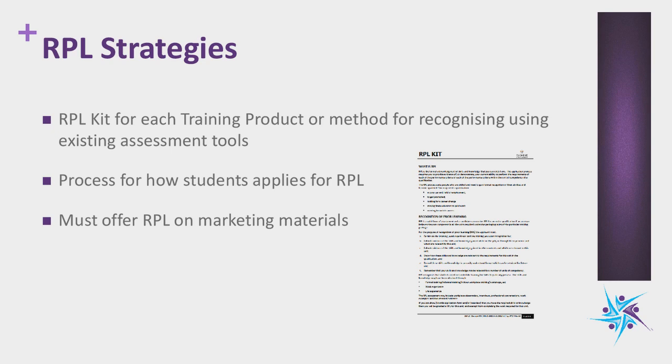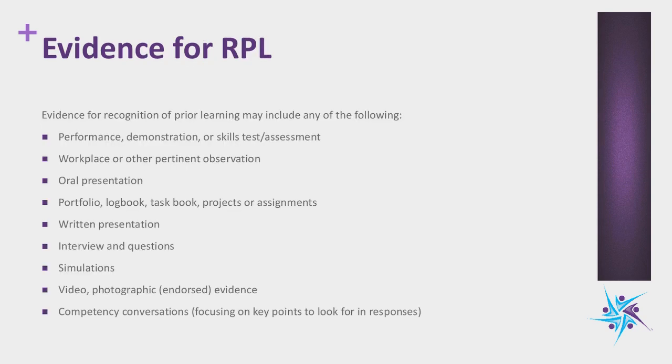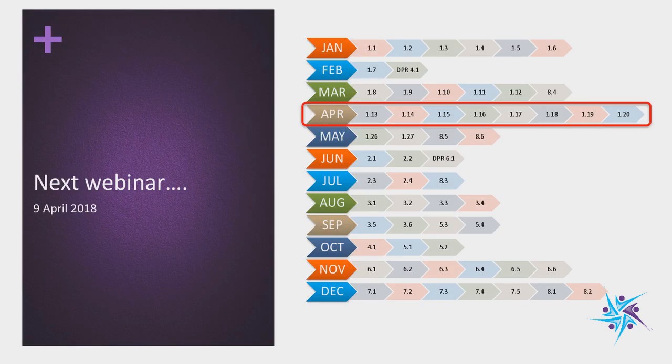You give that RPL kit to the student for collecting evidence of their recognition of prior learning. The evidence you can collect includes prior certificates, workplace information, a resume, a job description, a portfolio of documents they've provided, and oral presentations. There's a range of evidence you can collect for RPL.